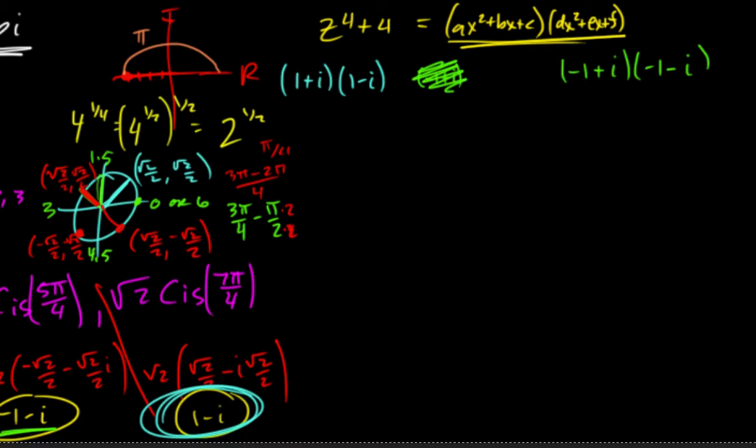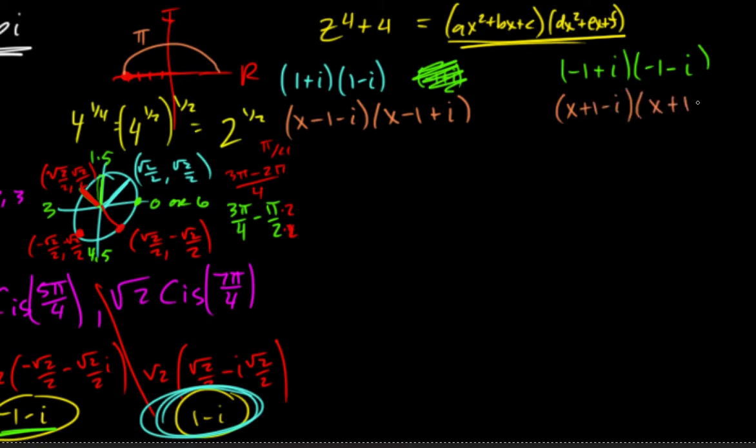So what we're going to do, multiply that out, or not multiply it out yet. I wrote this a little bit wrong, but we're going to say x minus this, minus 1 minus i, and then x minus 1 plus i. So writing it in factored form. And then I'll do x plus 1 minus i, x plus 1 plus i, and we'll multiply those out.